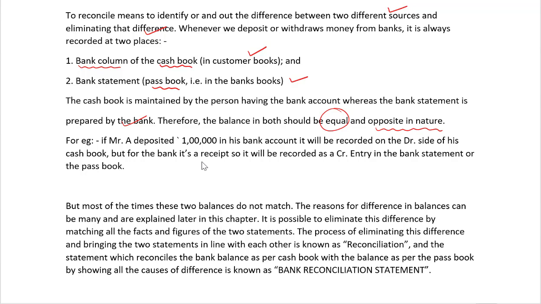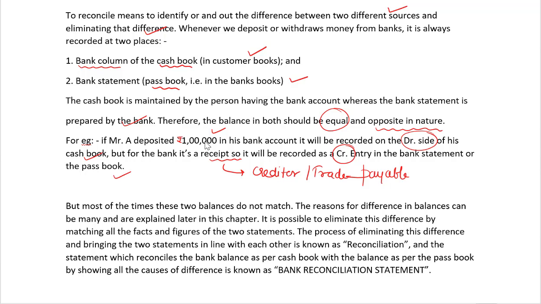For example, if Mr. A has deposited 1 lakh rupees in his bank account, it will be recorded in the debit side of his cash book. But for the bank, it is a receipt and the bank will treat Mr. A as creditor, that is trade payable, and that is why they will give a credit entry in the bank statement or the passbook.